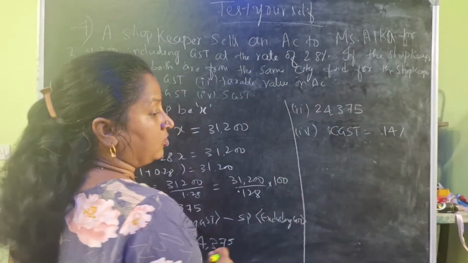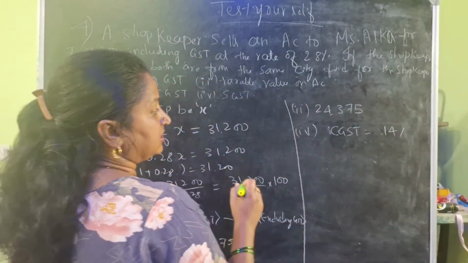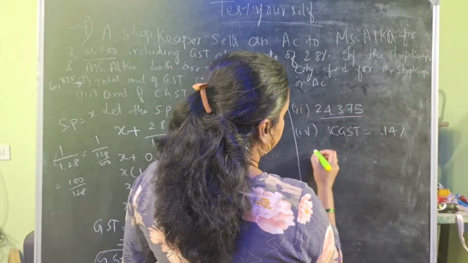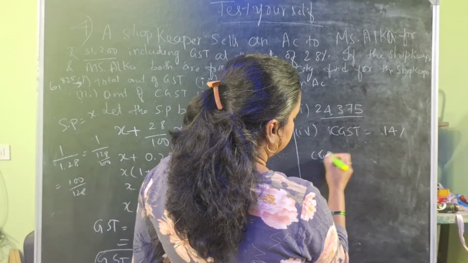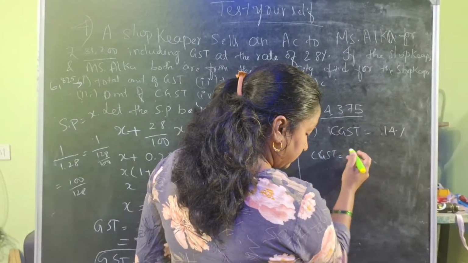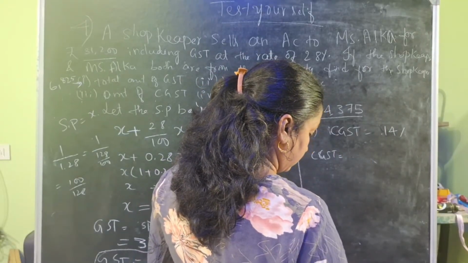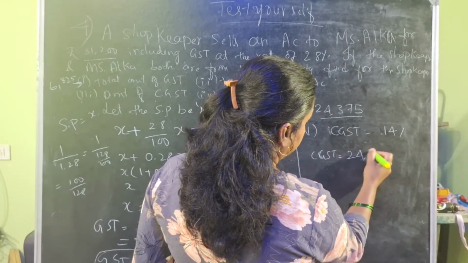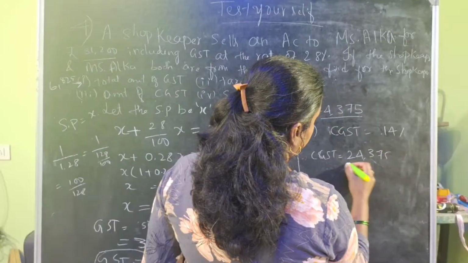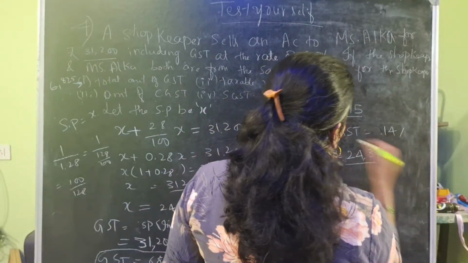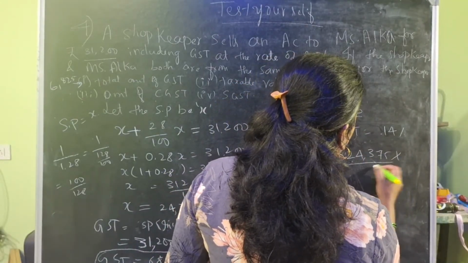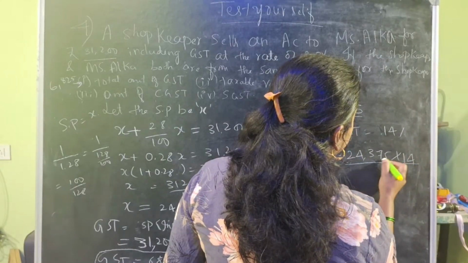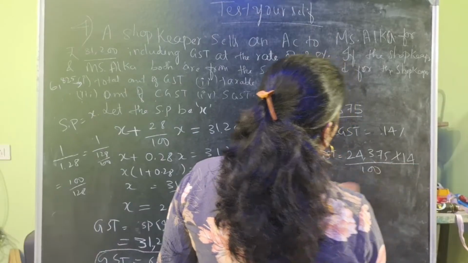So we have to calculate the CGST amount based upon this selling price. That means CGST is equal to 24,375 into 14 divided by 100.